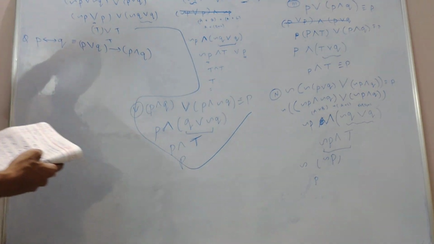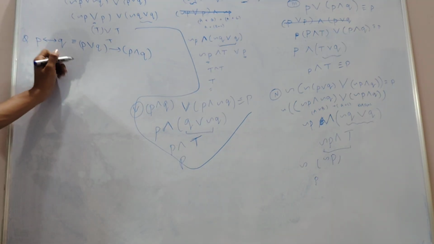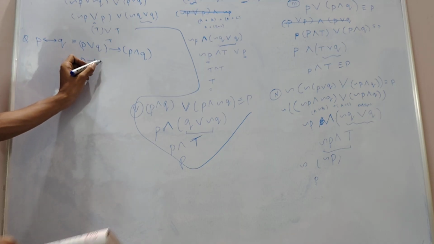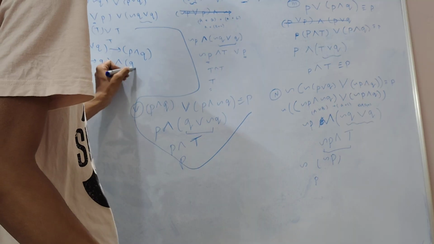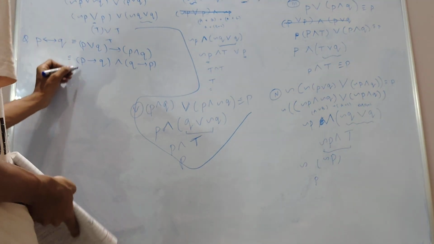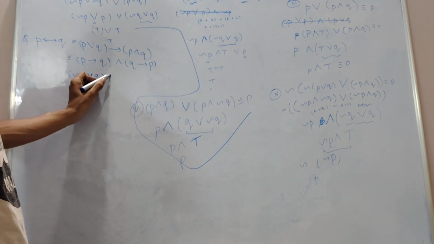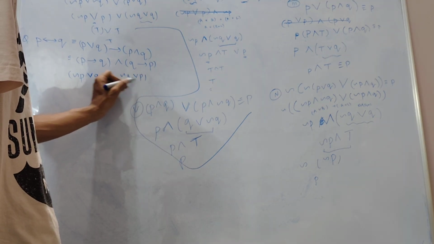I have to prove this. So what I will do, I will write my identity first. This will be equivalent to P implies Q and Q implies P, right? And then I will write negation of P or Q and negation of Q or P, right?